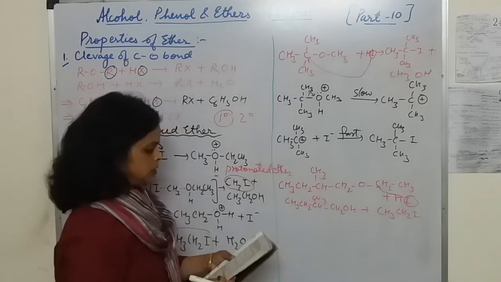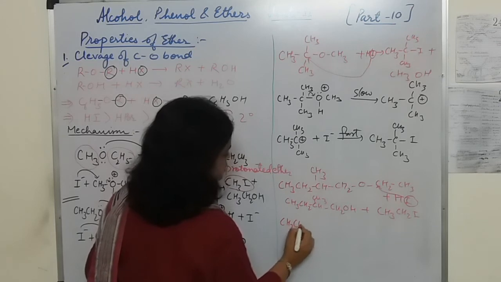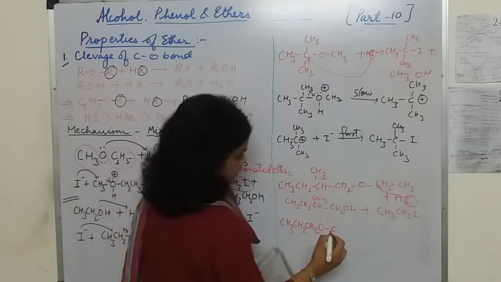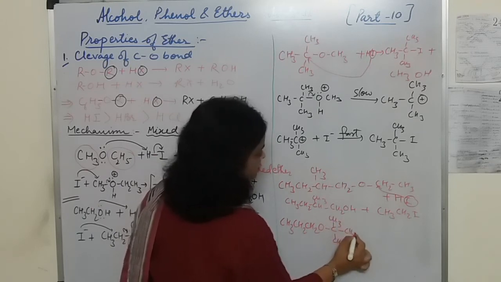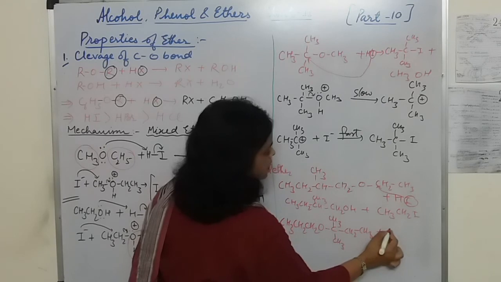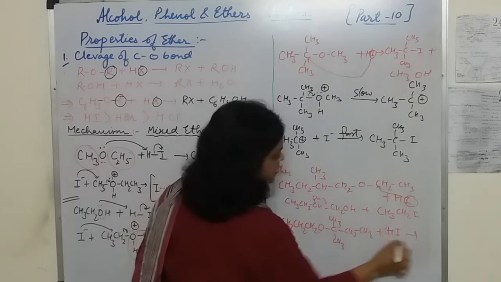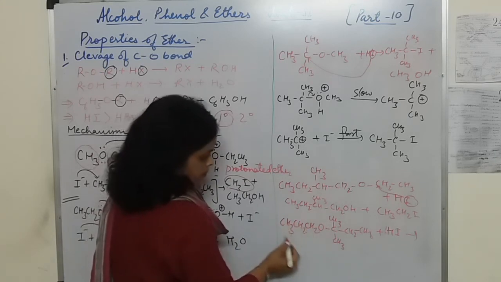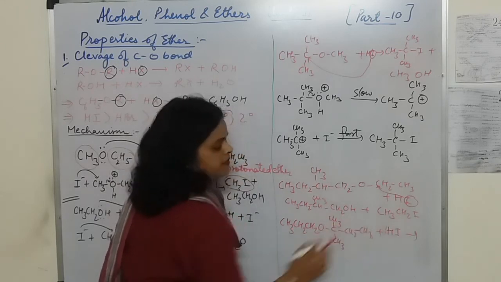Let's take one more question. CH3CH2CH2O, C. Now, in this case, when HI reacts with this, either this alkyl part should combine with iodide or this one should combine with iodide.